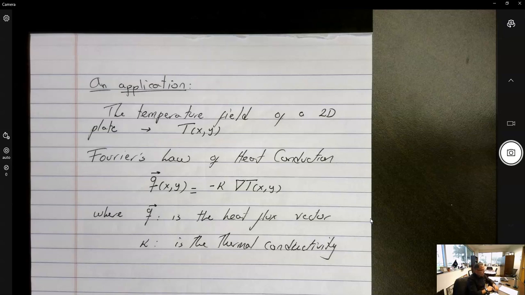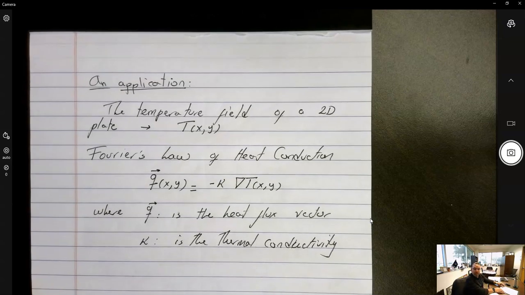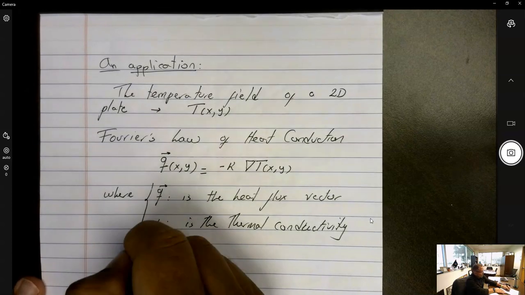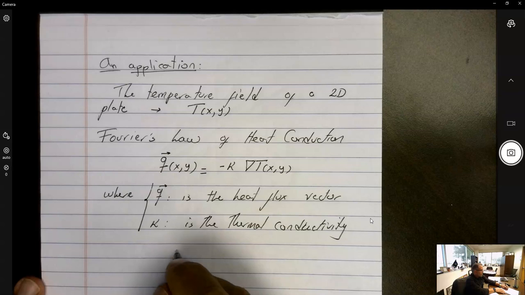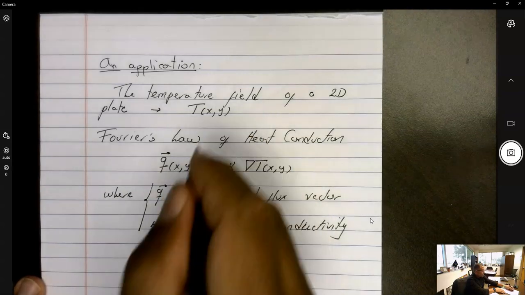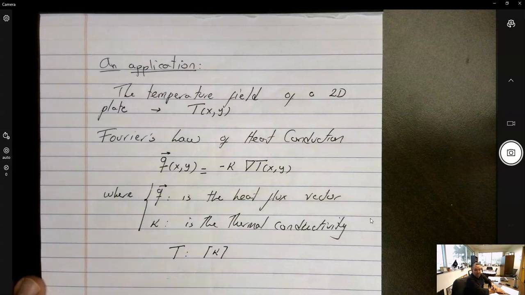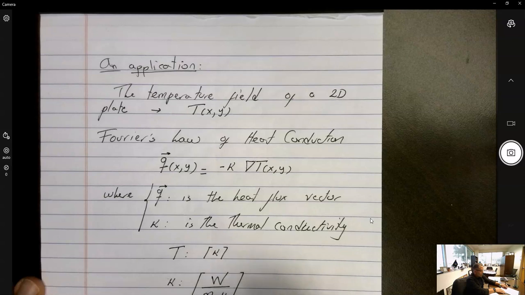Okay, now if we want to put units to this, because we're engineers and it's always very advantageous and beneficial to use units so we make sure we don't make a mistake when solving a problem. Let's say that the temperature field is given in Kelvin or degrees Celsius. The thermal conductivity is in watts per meter Kelvin, and the heat flux, even though it's a vector, each component of that vector has units watts over meter squared.